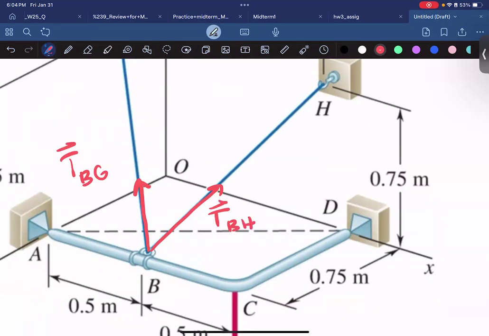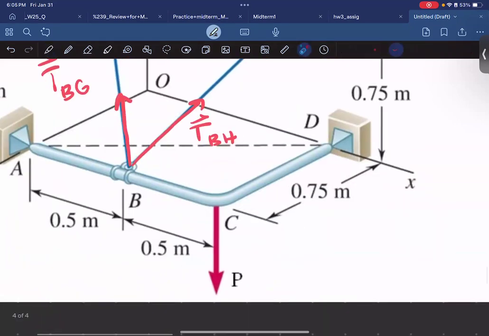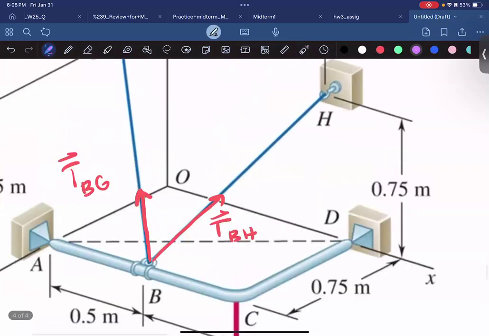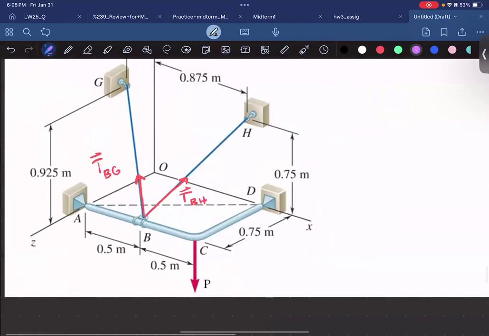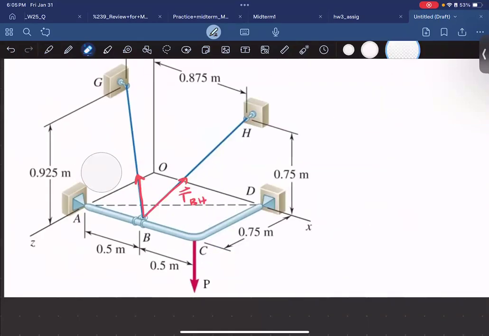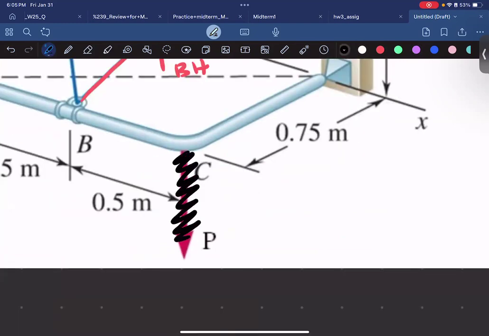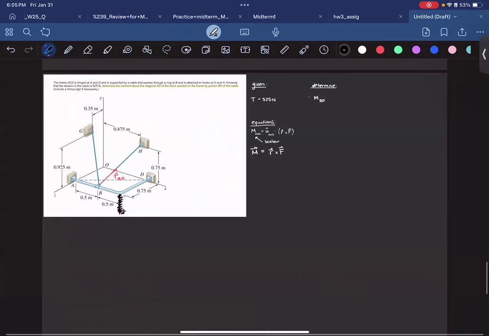And there's also a force of P right here, but that's not what the problem is asking for. So it can seem like a lot of information, but we can actually just erase TBG when we're solving this problem, and we can also ignore P.